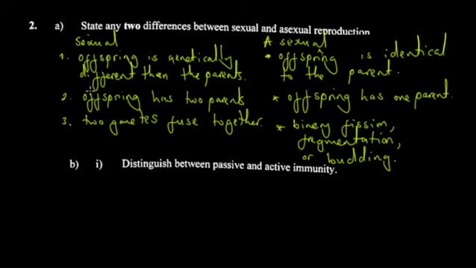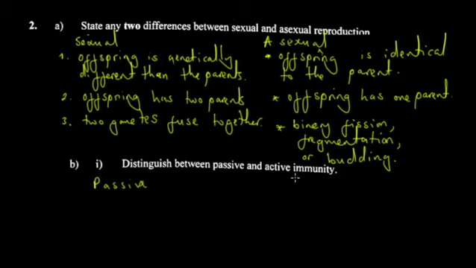In sexual reproduction, there is genetic variation. Because the offspring has two parents, the male sex cells and the female sex cells fuse. That fusing gives an offspring which mimics the genetic material of the two parents, but is different from either of them.